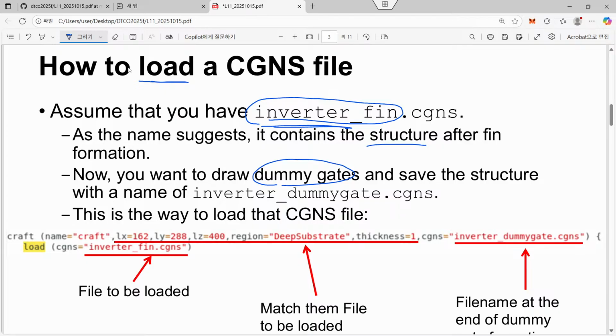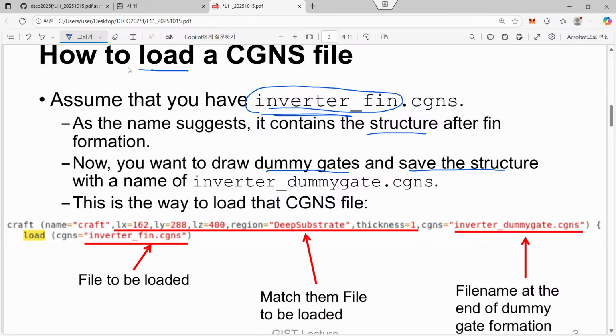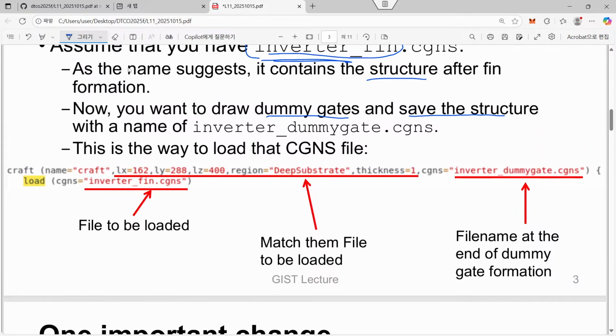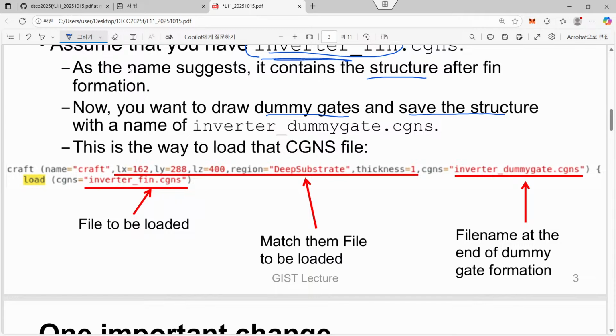Let's assume that now you want to draw dummy gates and save the structure with the name inverter_dummy_gate.cgns, whatever. So you want to generate a new structure, and your execution is only for this dummy gate formation instead of the entire procedure. This is the way to load that CGNS file. You can see that this is exactly the same as before, and we just set a new name.